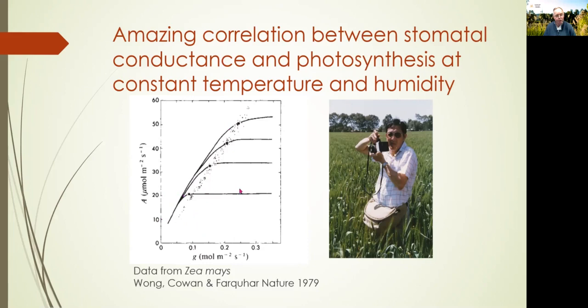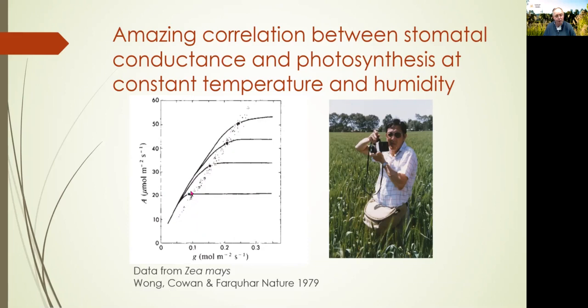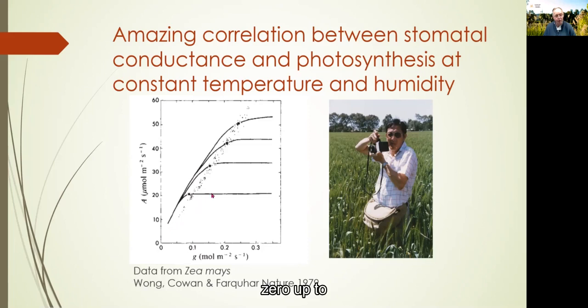These lines with a larger symbol are what the plant could have chosen to do. It shows, for example with this one, what the locus would look like if stomatal conductance were to vary from 0 up to 0.3 moles per square meter per second.